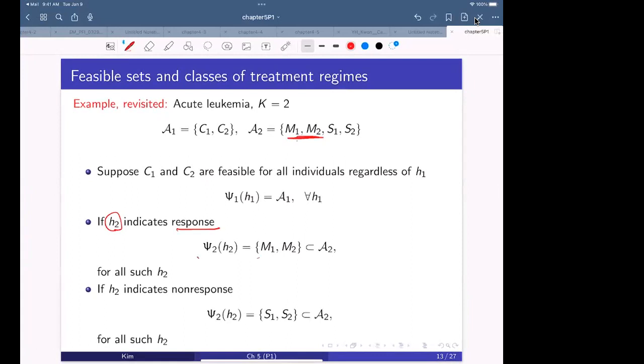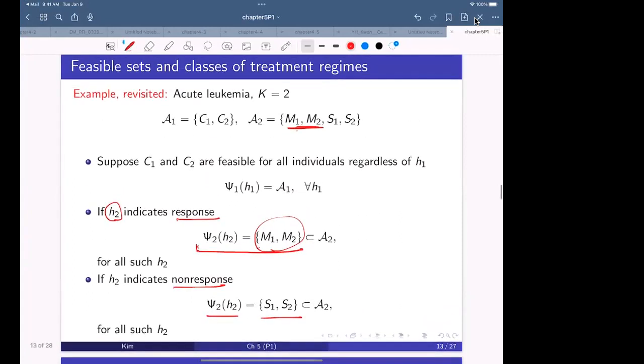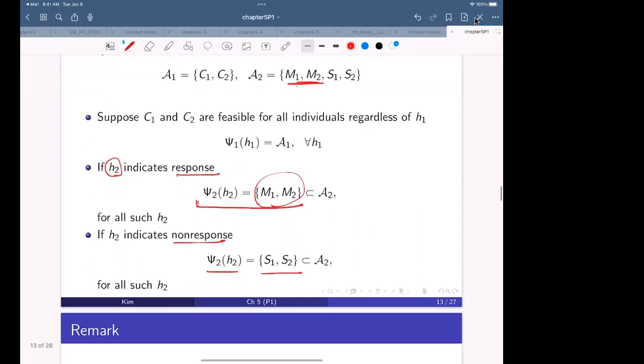So psi 2 for response is this set, and for non-response psi 2 is actually this set. So that is the concept of the feasible set.